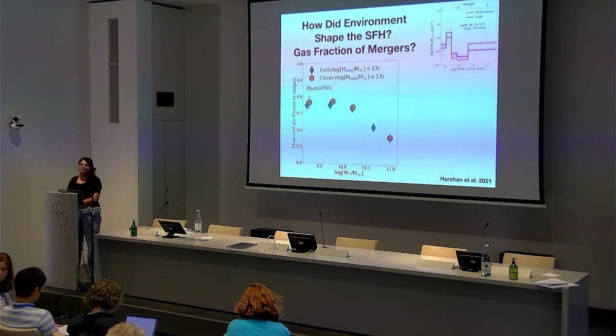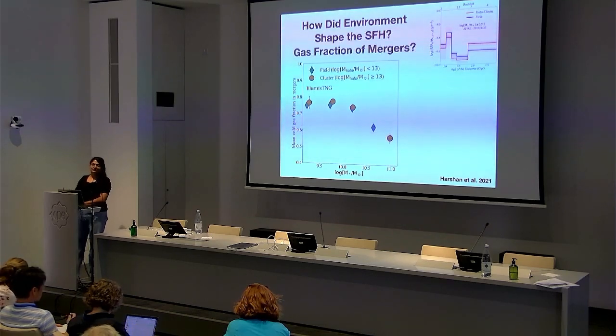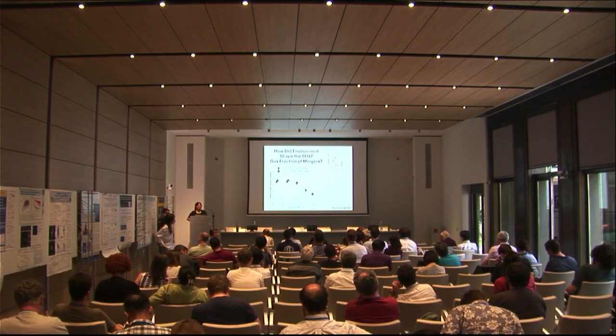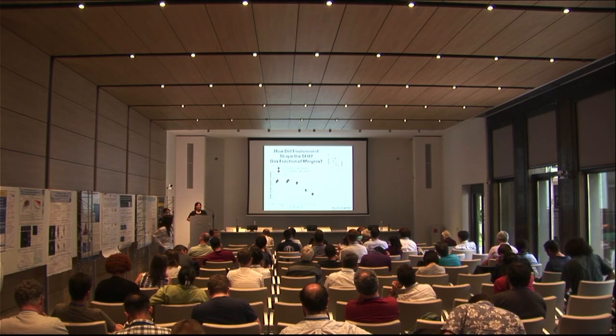So I was wondering if you would remove the prior, you would get more burstiness, because it's quite interesting to me also how in the simulations the star formation histories seem very smooth, and I always wonder if that's real.